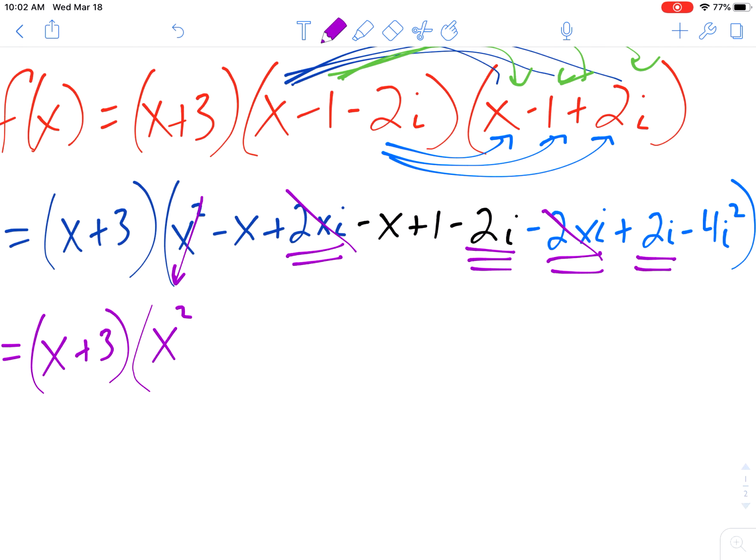This i value and this i value add up to 0. Those cancel off. See, they're disappearing on us already. This x value and this x value get to go together, so that's minus 2x. Cancel those off so I know I'm done with them.